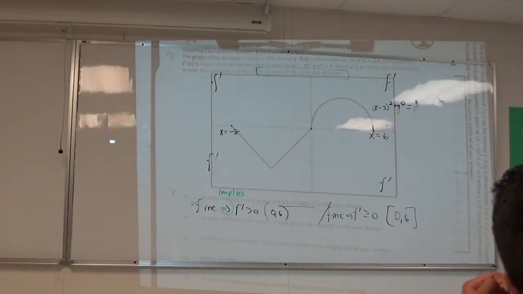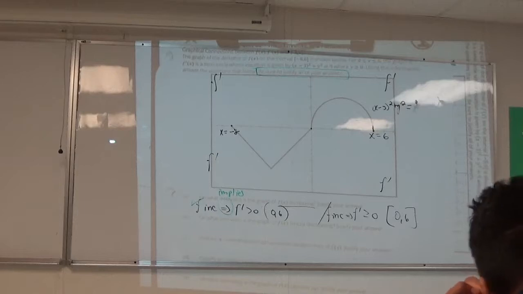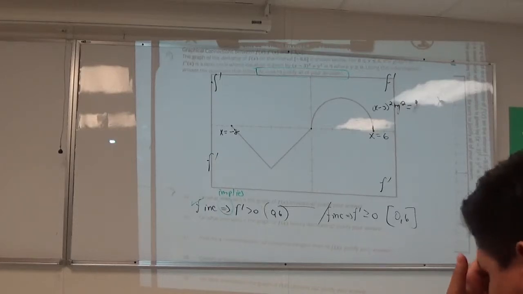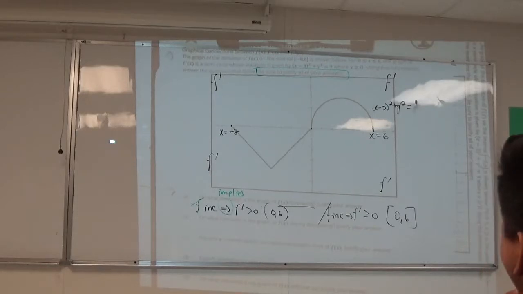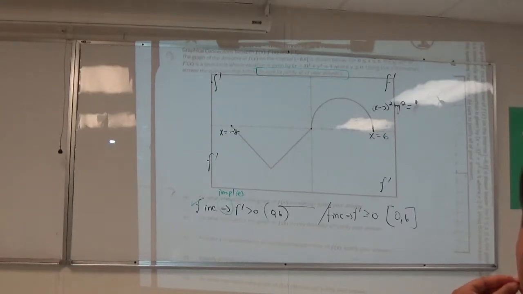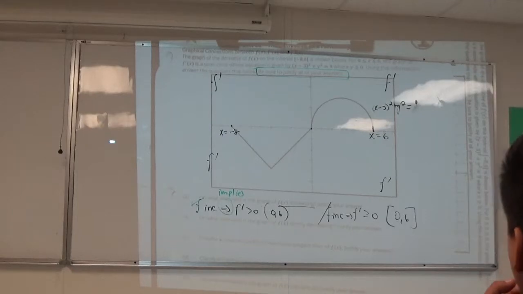So where is F prime equal to 0? There. Not here. I'm asking for where F has a horizontal tangent line, that means F prime is equal to 0.